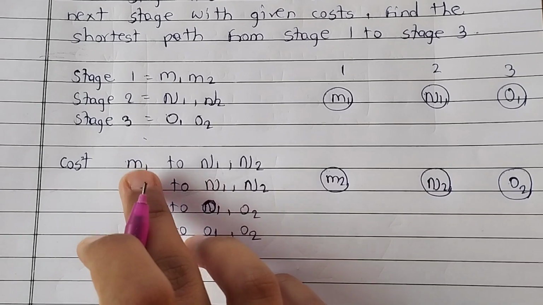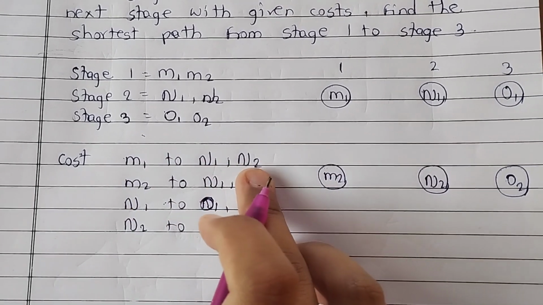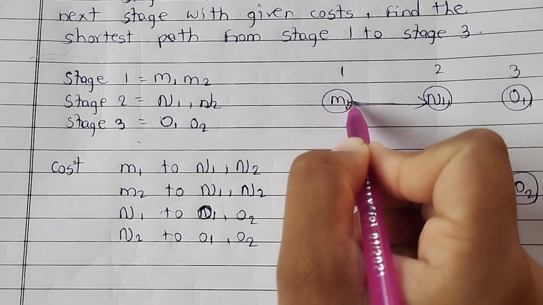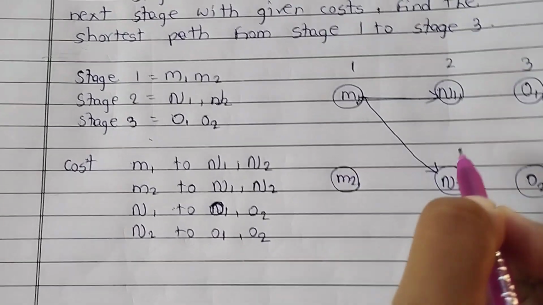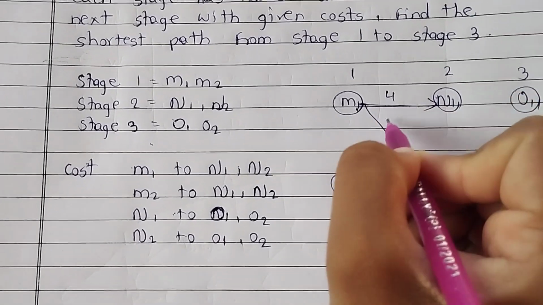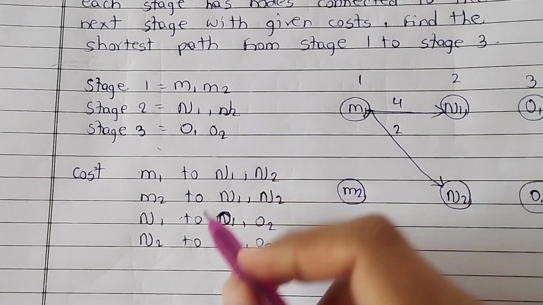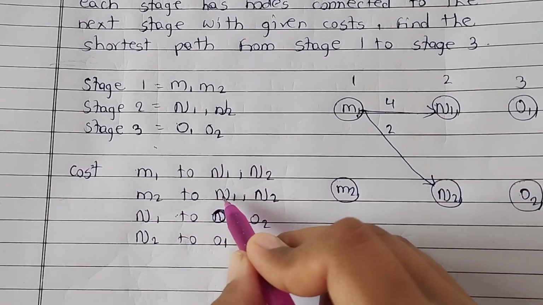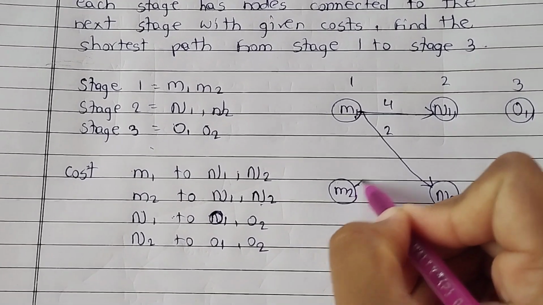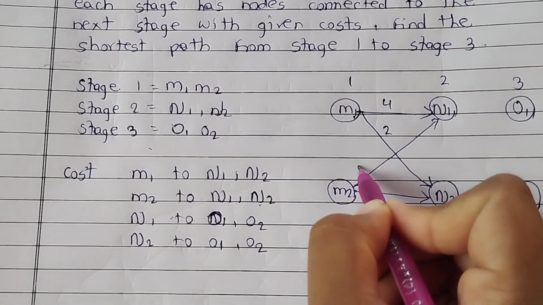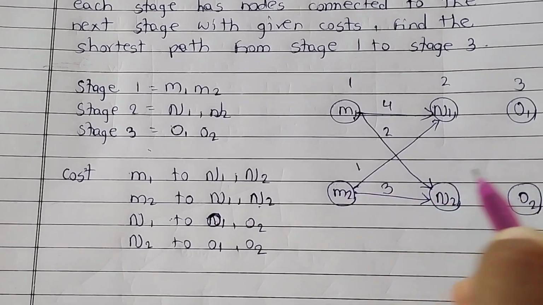The cost means M1 reaches N1 and N2, and let's suppose the cost is 4 and 2. Now M2 reaches N1 and N2, and let's suppose the cost is 1 and 3.